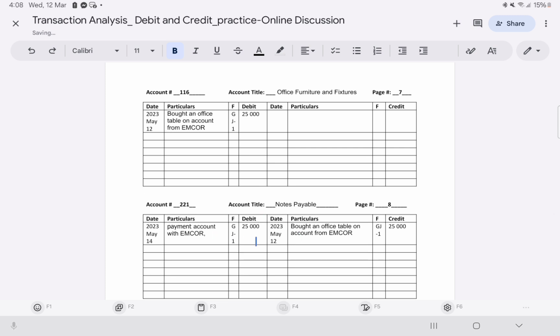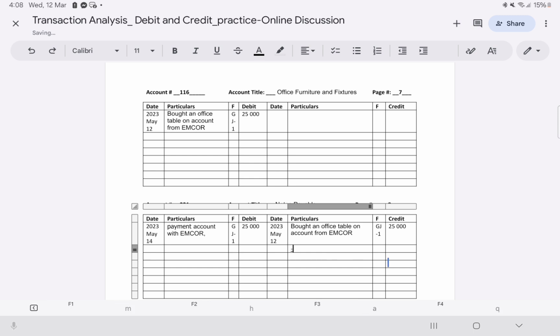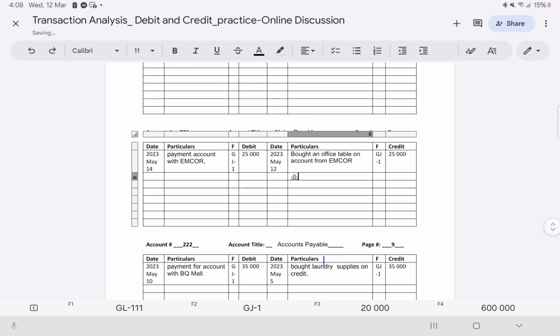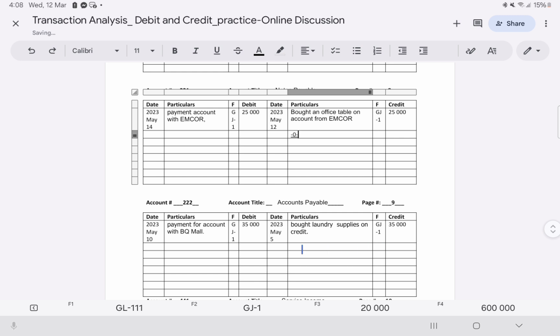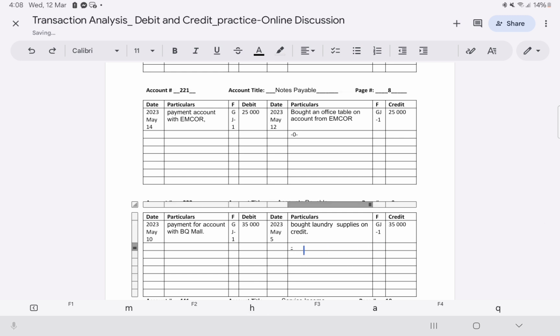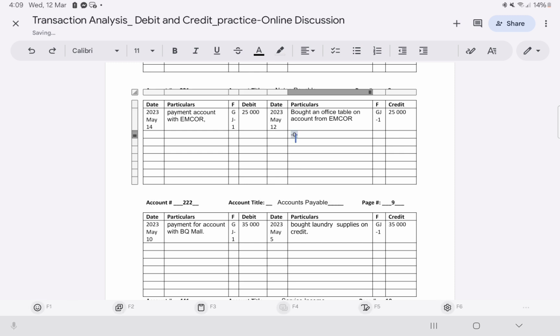Then office furnitures and fixtures, debit 25,000. Then notes payable, so no more debts. So wala na yung utang, no? So 0 balance. Okay. Then accounts payable also 0 balance. So please check, no?